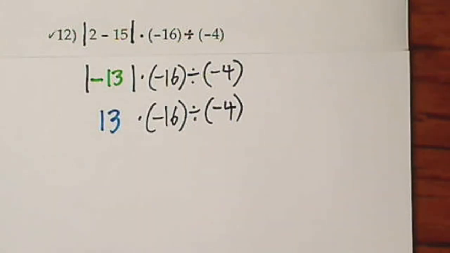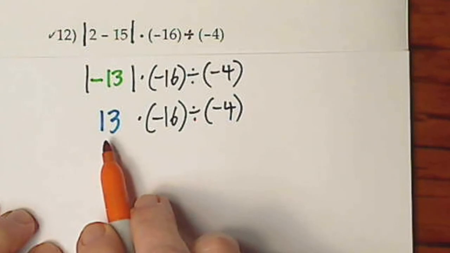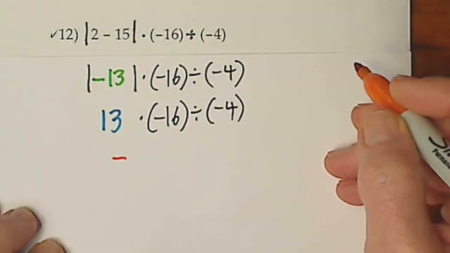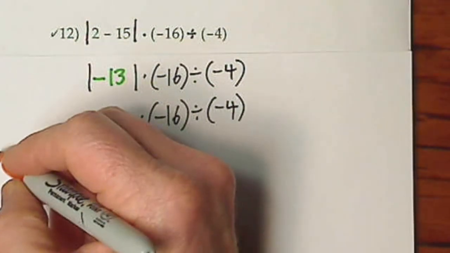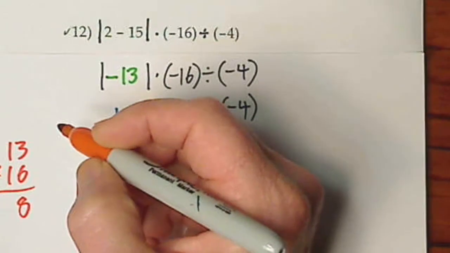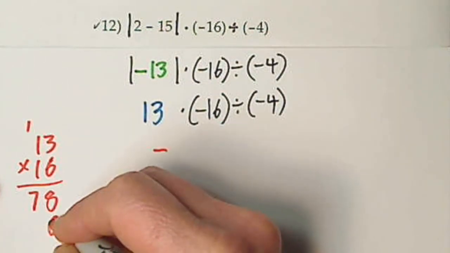And then we have multiplication or division, whichever comes first. Positive 13 times negative 16 is going to be negative something. And let's see real quick. That's 18. Oops, sorry there. 6, 7.